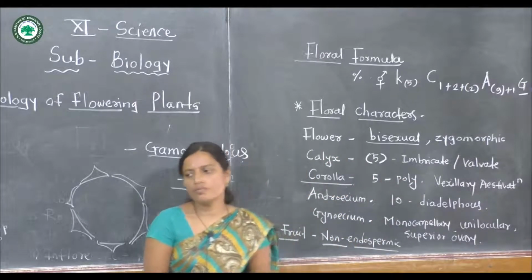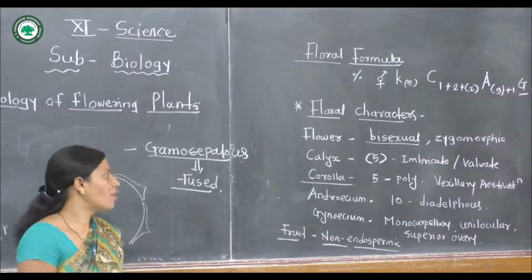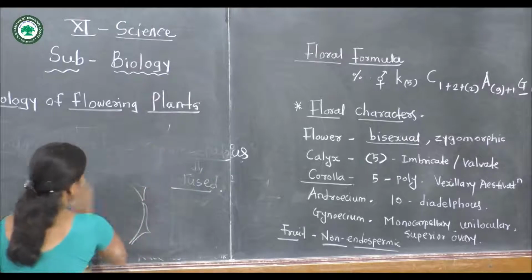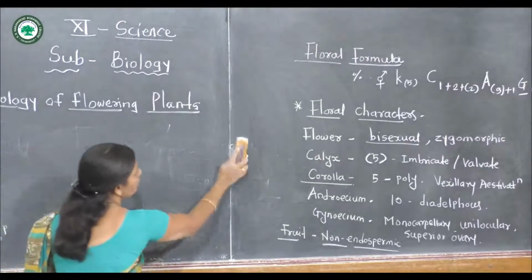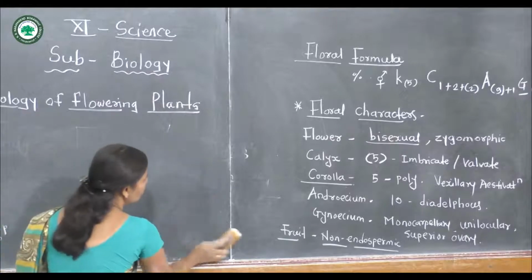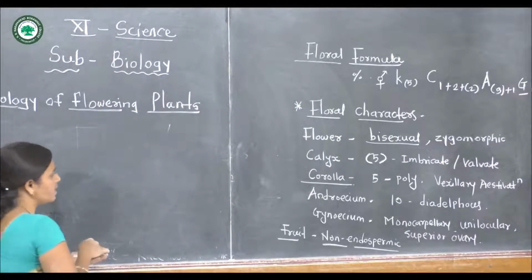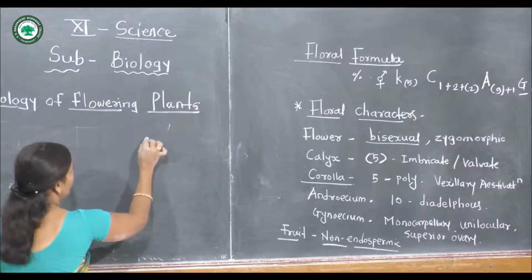It is an important type of estivation in the pea flower. Vexillary estivation means these petals are 5 in number, and these petals arise as the vexillary type of estivation.